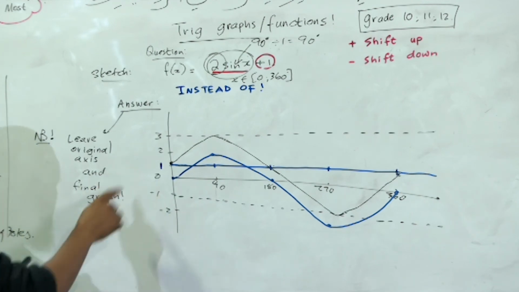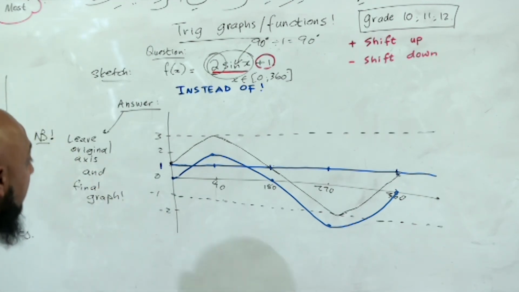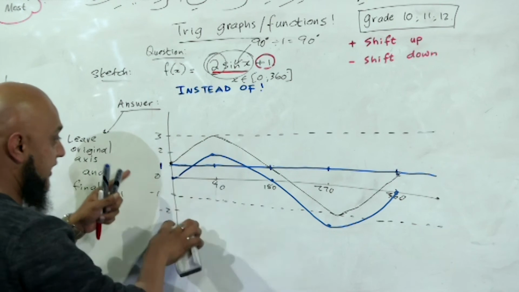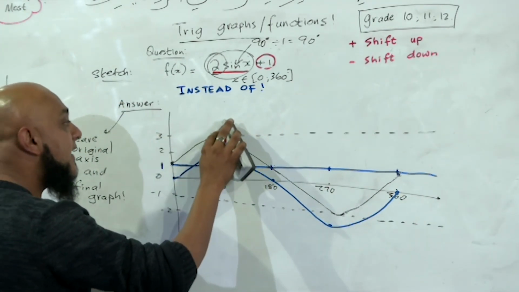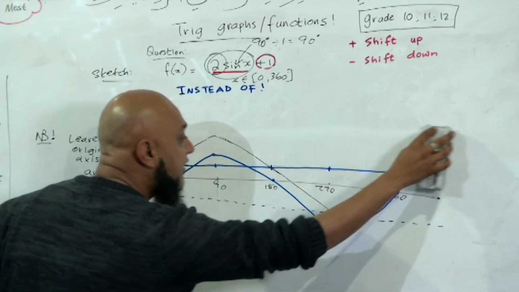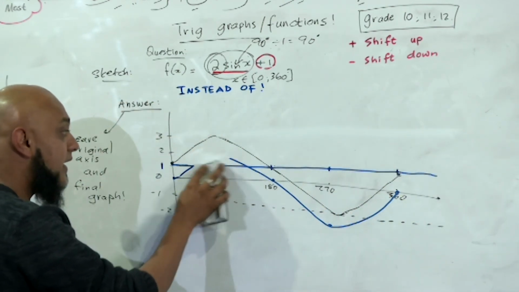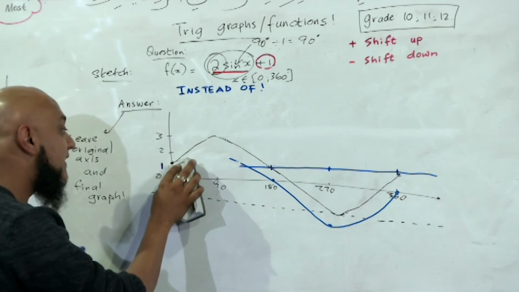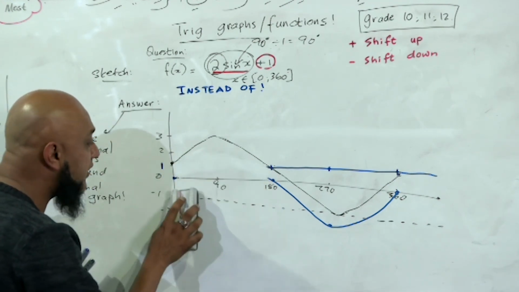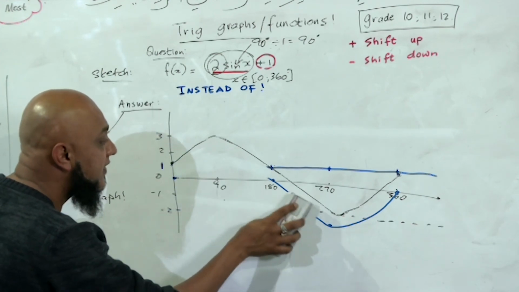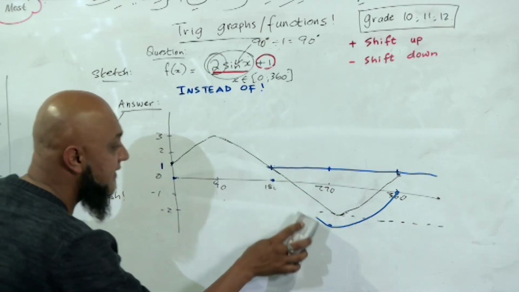So now original axis, final graph. Everything else gets erased, and you show no trace that you've done this. They will mark it incorrect. They don't want to see it. It's not important. That you did for your own guide. Those were your guide rails for yourself, not for anybody else.